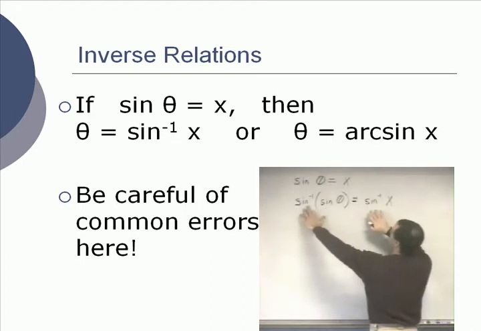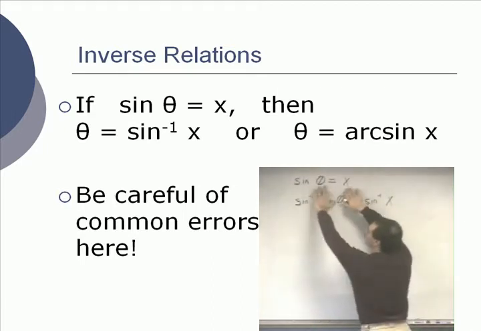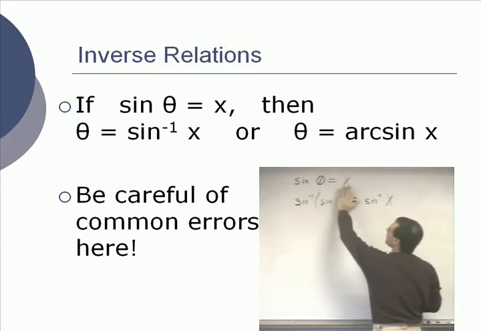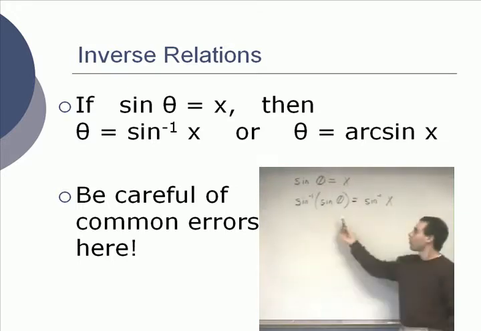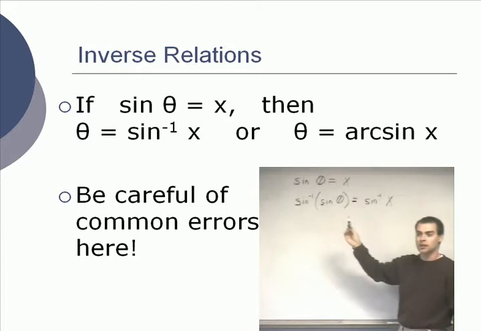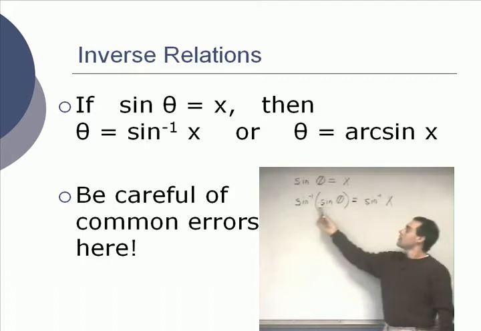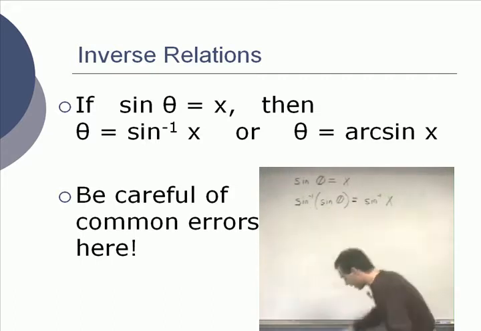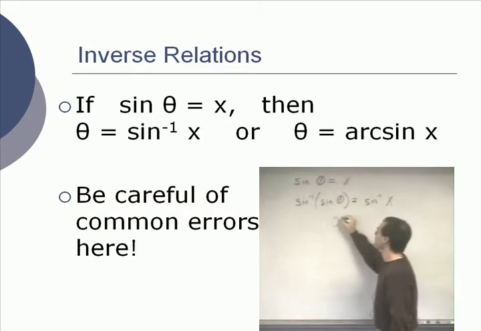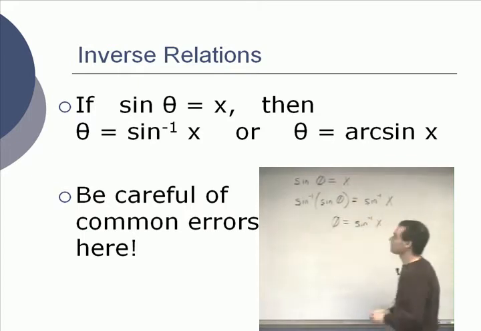Over here, the inverse sine of sine, what do you suppose these two do? They cancel each other off. They negate each other. We input the angle and get out some ratio. This puts it back in terms of the angle. So we end up with theta on the left side equal to inverse sine of x.